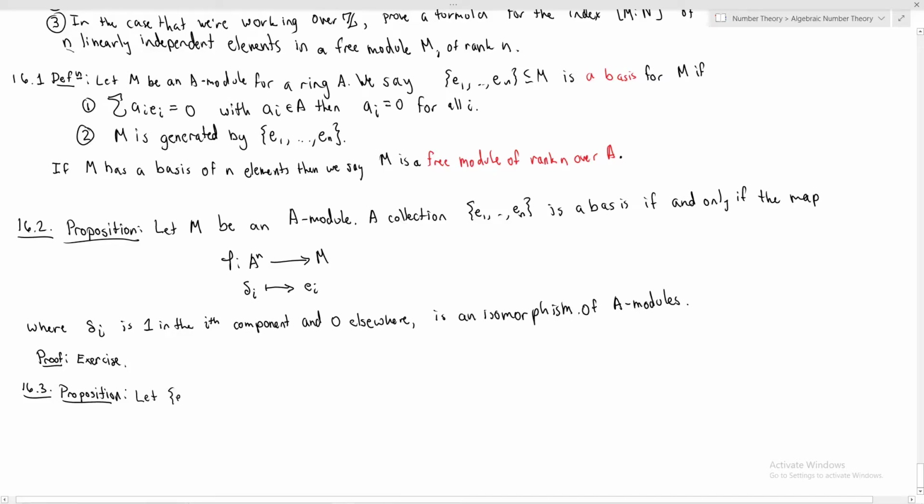Let e_1 through e_n be a basis. And let's suppose I have another collection of elements, f_1 through f_n in M, be any elements.